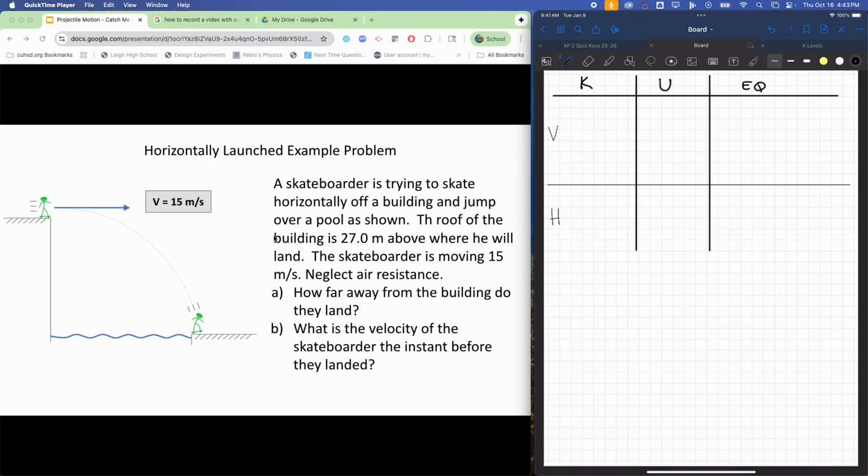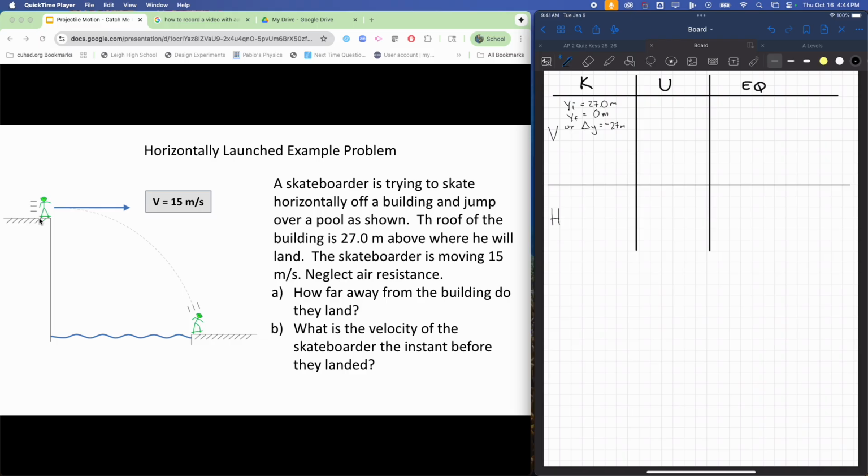So first off, I see here that the roof of the building is 27 meters above. So this distance from here to about here, that vertical distance, you can say initial position is 27 meters and final position is 0 meters. Or you can be simpler and say delta y is equal to negative 27 meters.